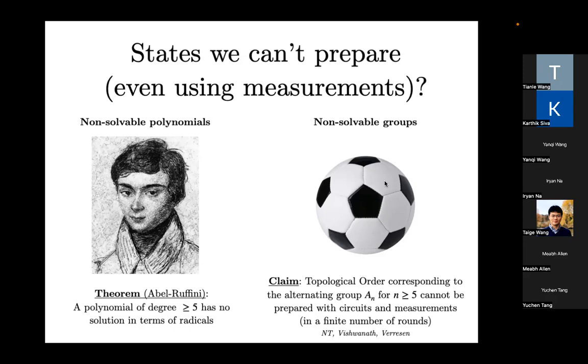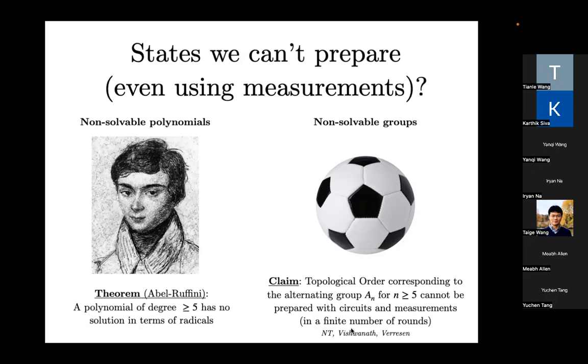And so the soccer ball has too large a symmetry, such that if you want to prepare a gauge theory with the symmetry, you cannot obtain it by sequentially gauging abelian stuff. So it turns out that our claim is that you cannot prepare such a gauge theory with a finite number of rounds of measurement. So that's one interesting example.